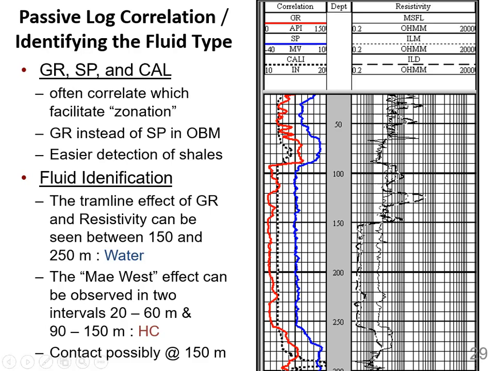And so we can identify this as a water zone. Contrary to that, just above it, between 90 and 150, and also somewhere here, you see that the resistivity measurement has the Mae West effect. It's like a mirror image to what you have here. So it doesn't trend with the gamma ray.